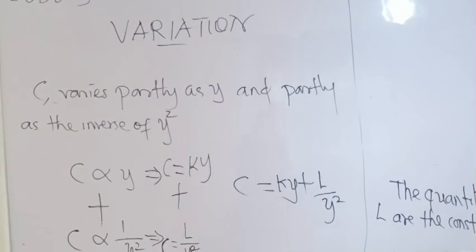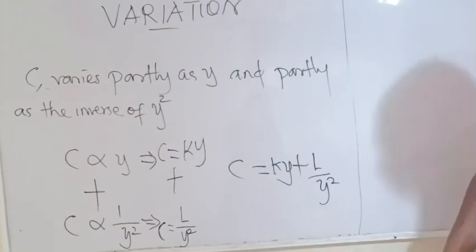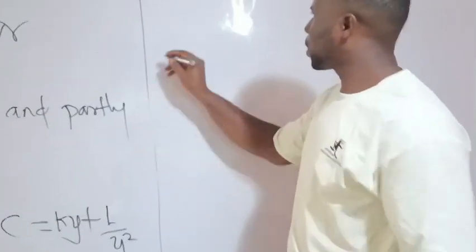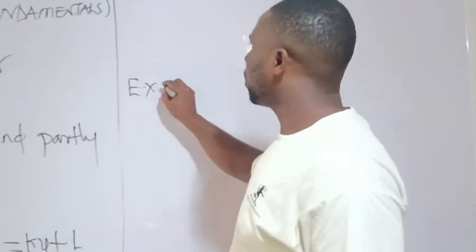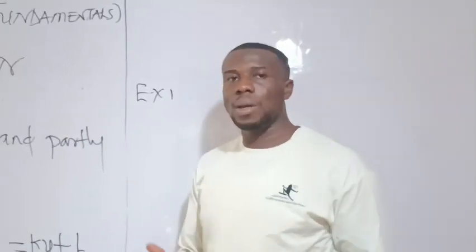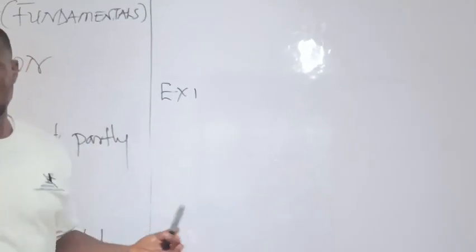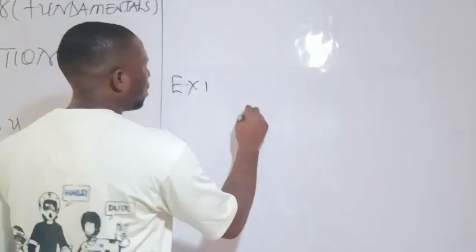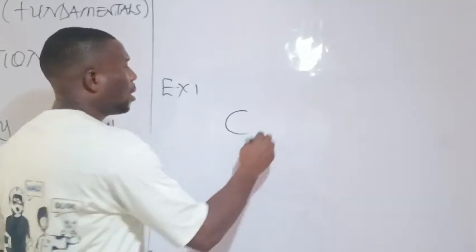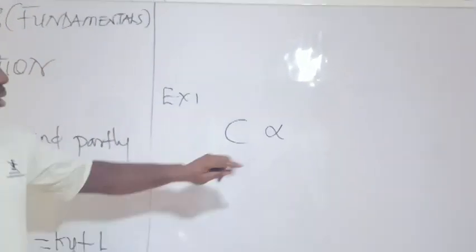So let's start off with a few examples. Example 1, the first example is this. Let's say the cost of sewing a material is partly constant and partly varies with the time it takes to sew the material. This is the first statement.